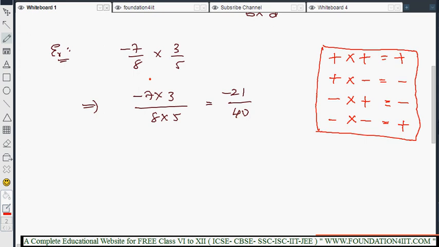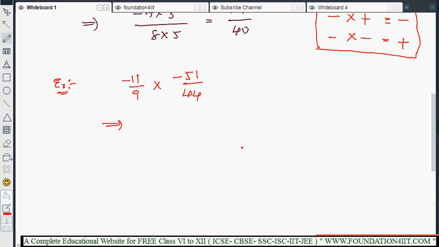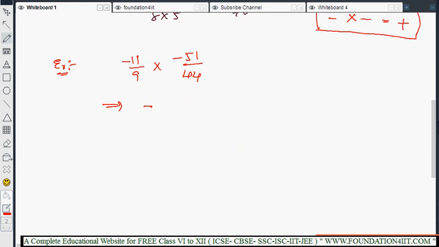We can do cancellations also in these sums. For example, we need to simplify minus 11 by 9 into minus 51 by 44. This is the given question. First we write the same step, minus 11 into minus 51 by 9 into 44.